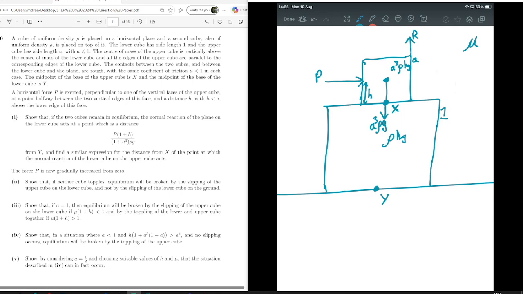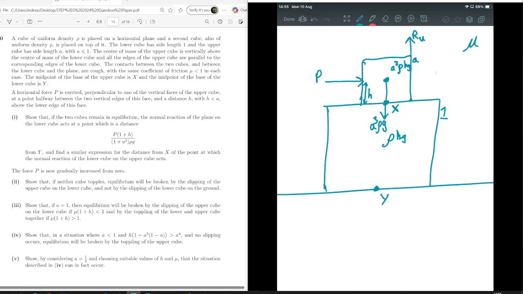But I'm pre-imagining a pivot happening, and I'm going to call it R_U for the reaction force of the upper cube. Now for the upper cube, there are no more forces. Oh yes, there is: the frictional force.